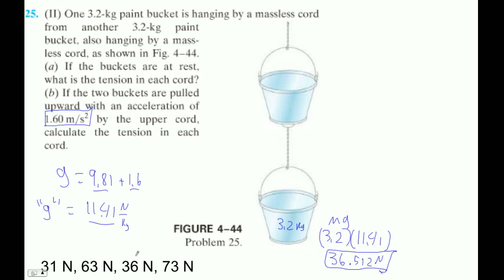And again, I'd say that's 37. Then the upper bucket would be twice that, because there's two of these things, two 3.2s. It's just going to be twice that weight, so 2 times 36.512, and that's 73 point something.